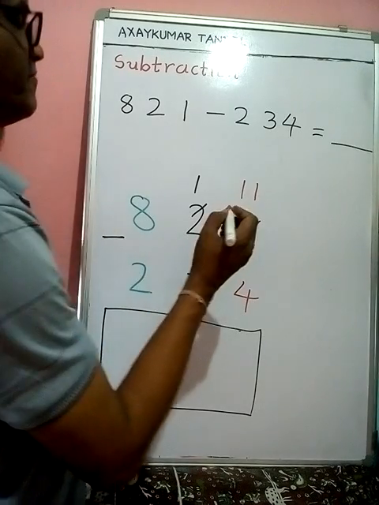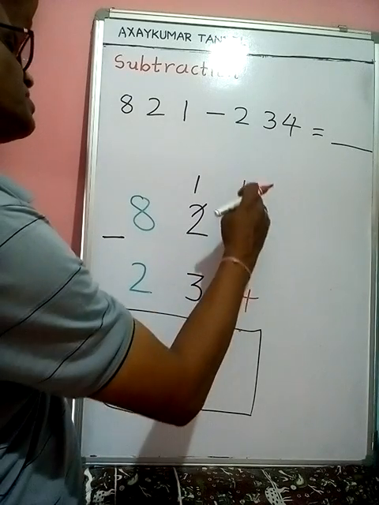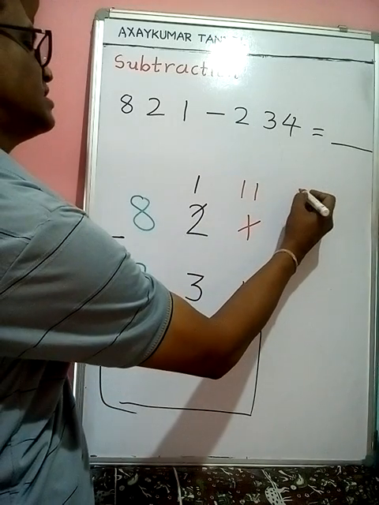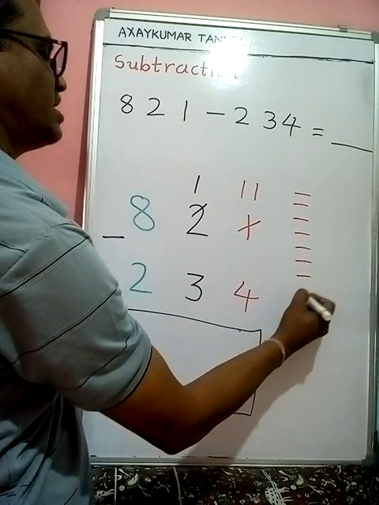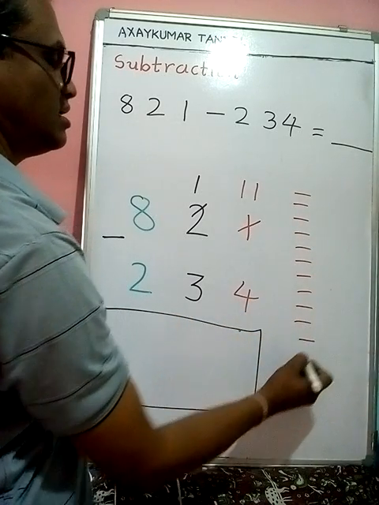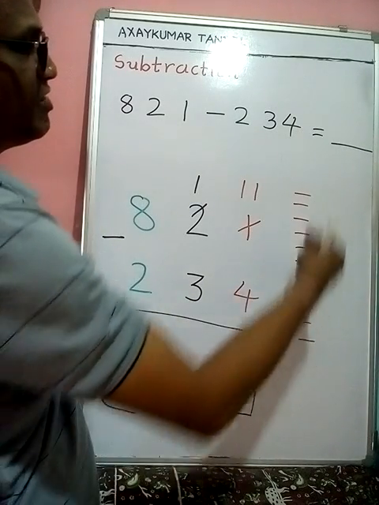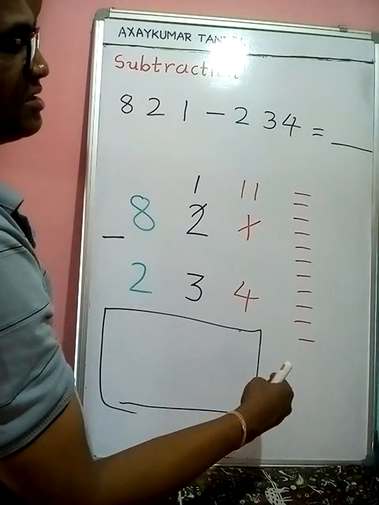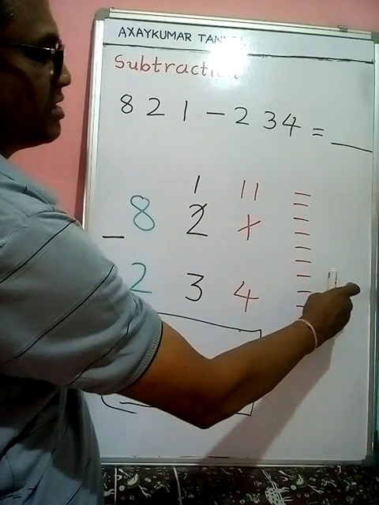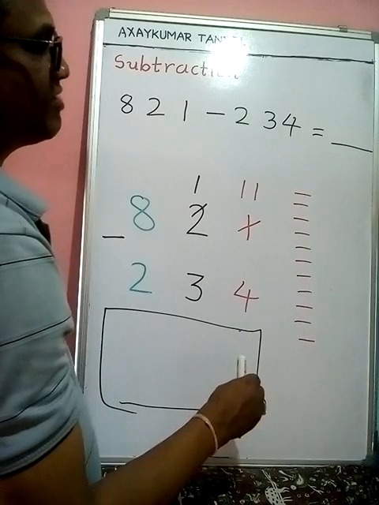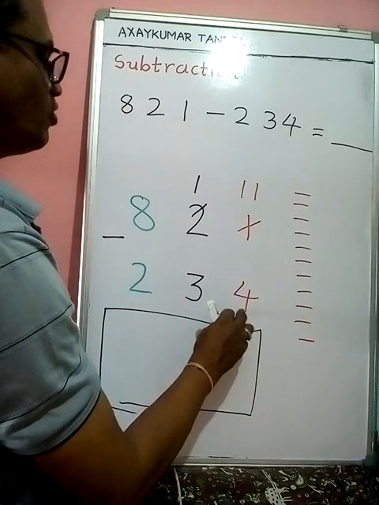Now we count. Here is 11. We do 11 lines. 1, 2, 3, 4, 5, 6, 7, 8, 9, 10, 11. We draw lines very carefully, because if we draw wrong lines, our answer will be wrong. 11 minus 4.